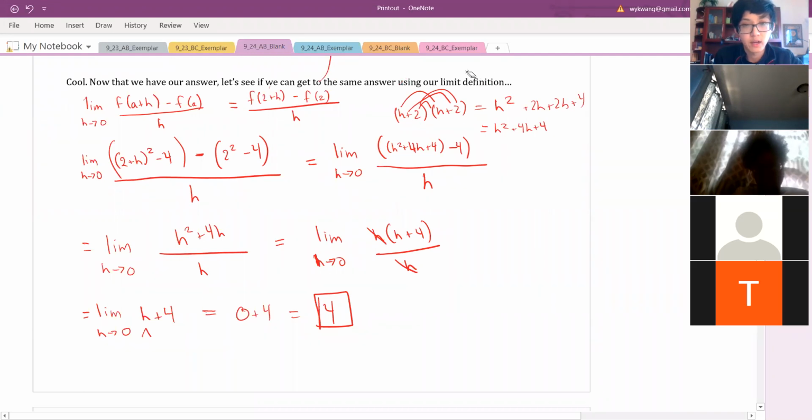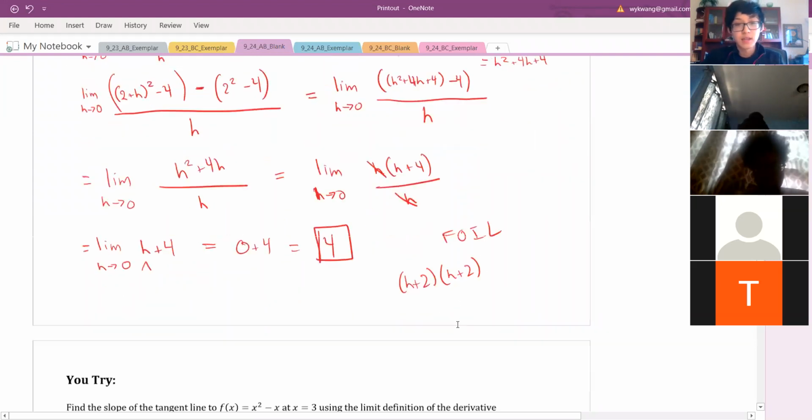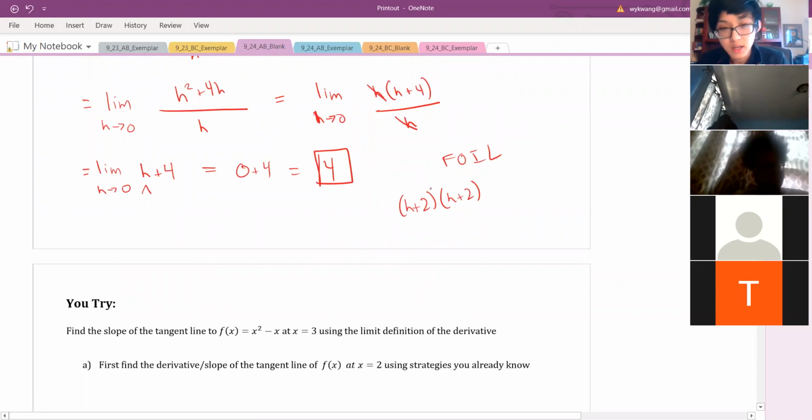Yes. Okay, gotcha. Yeah, so do you guys remember FOIL from algebra? It's the FOIL method. We have 2 plus h, right? I just rewrote that as h plus 2 because it makes more sense in my head, since we all do math problems with the variable first. So h plus 2 squared is equal to h plus 2 times h plus 2. Then we multiply each component with each other.